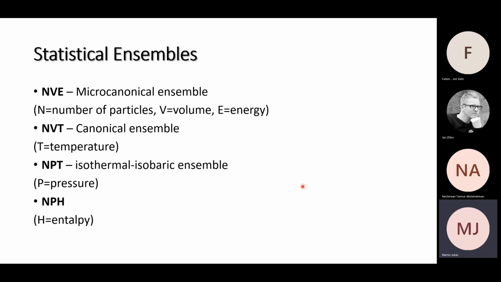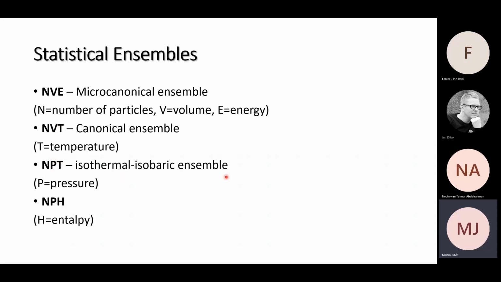During the simulation, you always need to decide what quantities you are going to modulate or regulate. These are called ensembles. One of the most used is the so-called canonical ensemble and the isothermal-isobaric ensemble. In these two, you have a fixed number of particles, then you have fixed volume and fixed temperature, or fixed pressure and temperature.